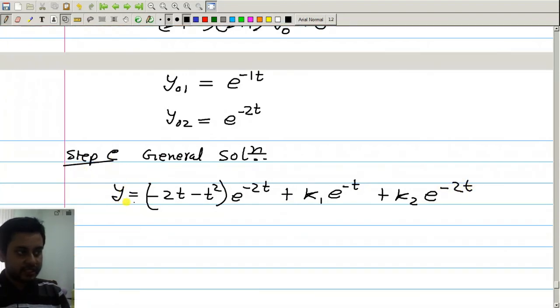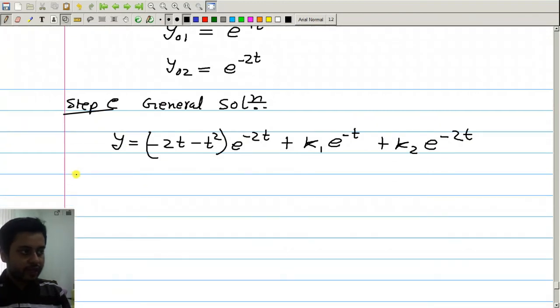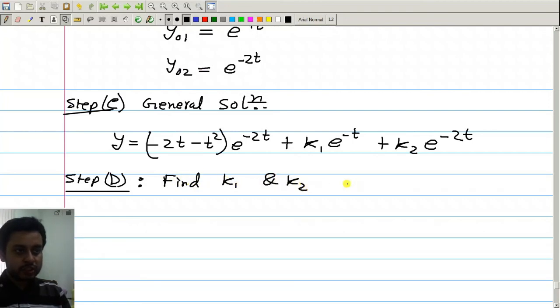This is the general solution, and finally we have to find k1 and k2 using boundary conditions or initial conditions.